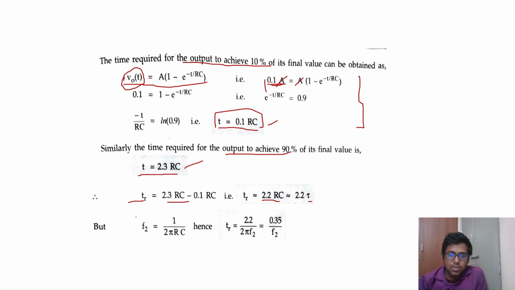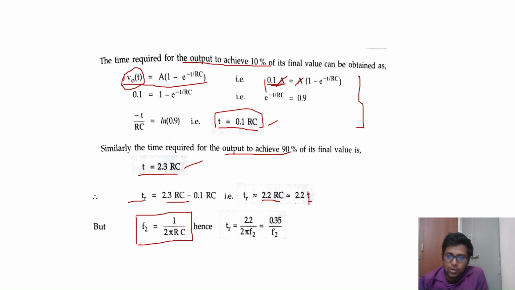Now you know the relation between the cutoff frequency and the RC. So F2 equal to 1 divided by 2 pi RC. Here RC you can replace by tau. So you can write F2 equal to 1 divided by 2 pi tau. From this you can write tau equal to 1 divided by 2 pi into F2.